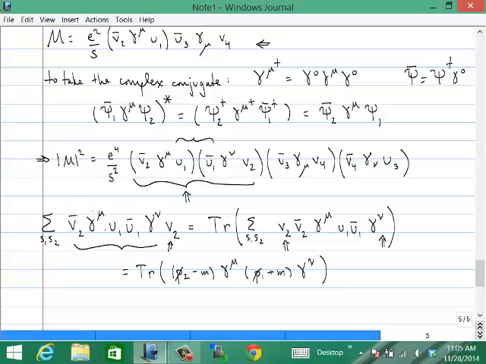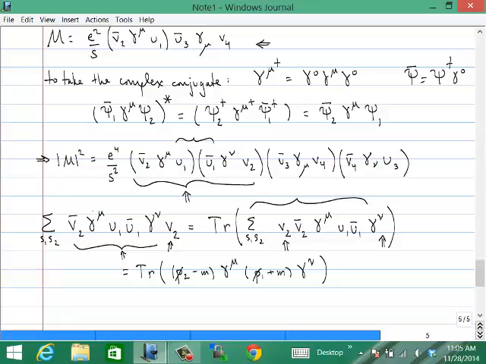So right here we have a scalar, and I'm rewriting that scalar as a trace of a 4x4 matrix. I'm doing that because it lets me reorder the V's in order to actually perform these sums over spins. Don't worry, you'll do this on the problem set for next week. But I'm helping you out here.